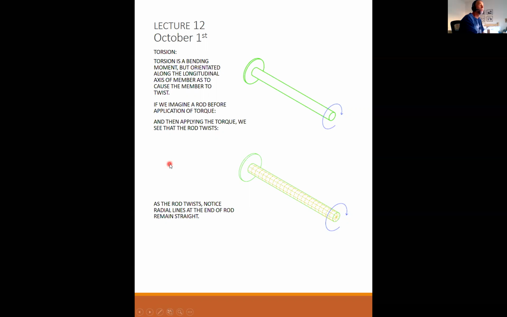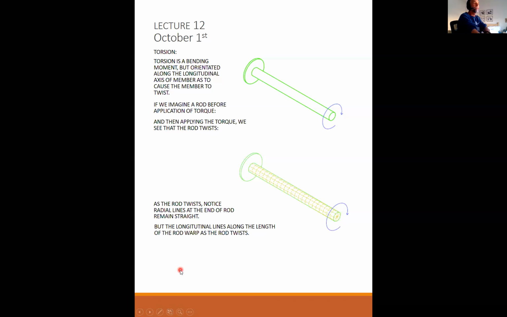As the rod twists, notice the radial lines at the end of the rod remain straight. These lines here don't warp, they stay straight. As we do one more twist, now we've got more twist on it. You can really see these lines are twisting, but the radial line, that whole circle at the end, turns while everything remains plane and straight.